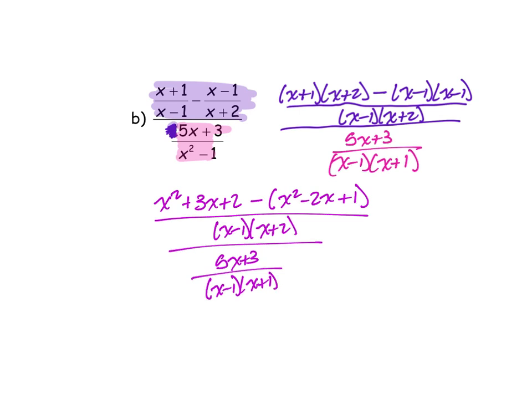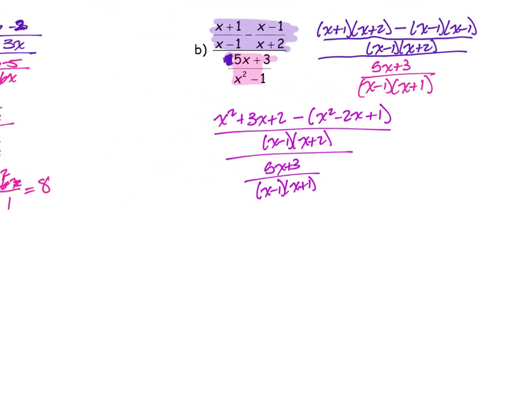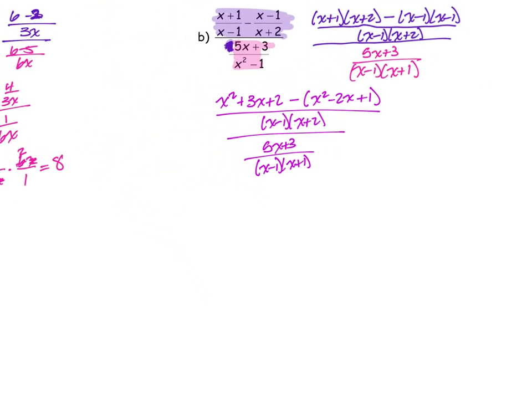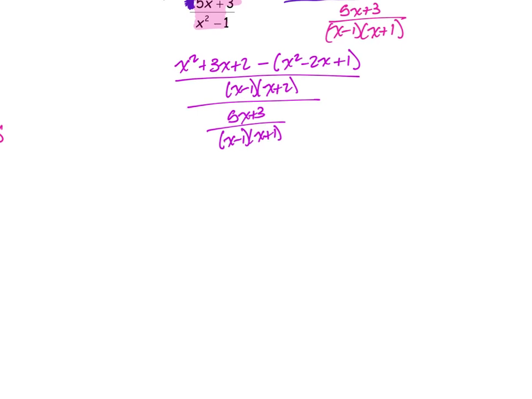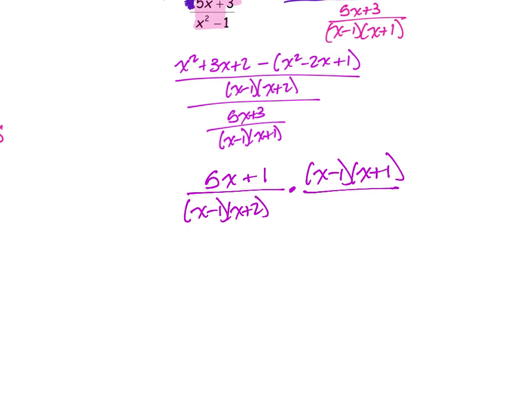Okay, so combine your like terms, right? So that gives me 0, and then 5x plus 1, all over x minus 1 times x plus 2 times x minus 1 times x plus 1 all over 5x plus 3.